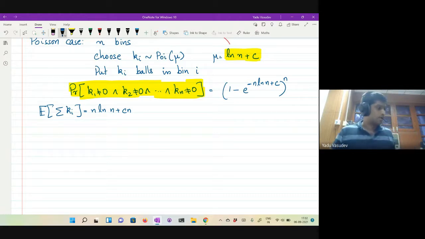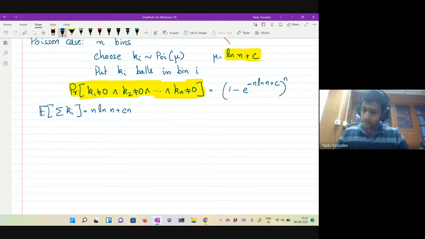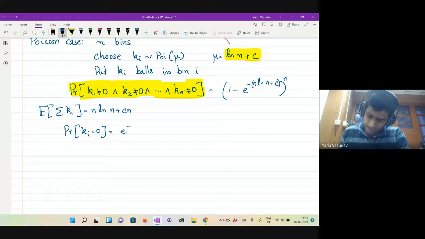Yes, sir. Okay, it should be minus ln n minus c, right? Sorry. Yeah. This is why, because the probability that k_i is equal to 0 is e to the power minus (ln n plus c), and since it is value 0, everything else goes off.